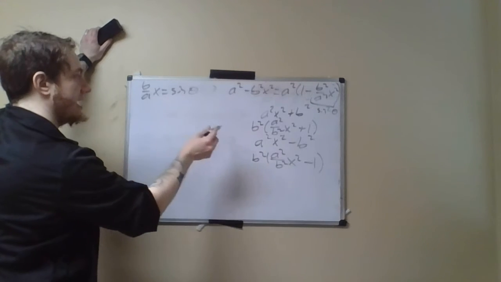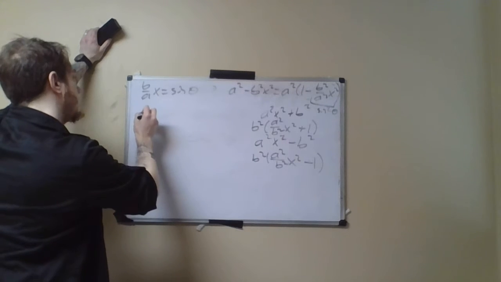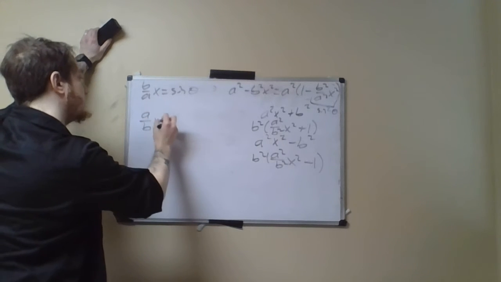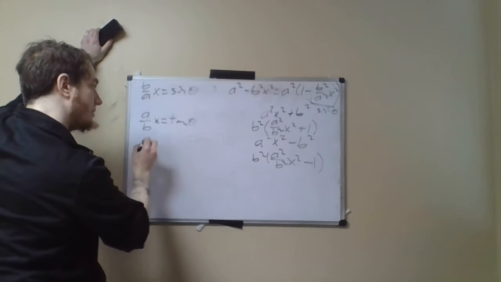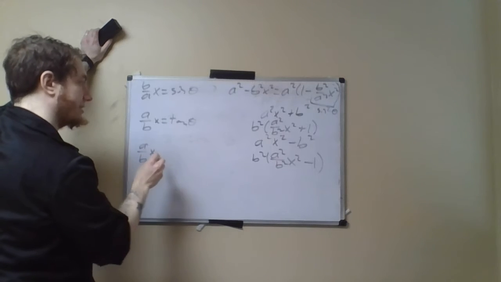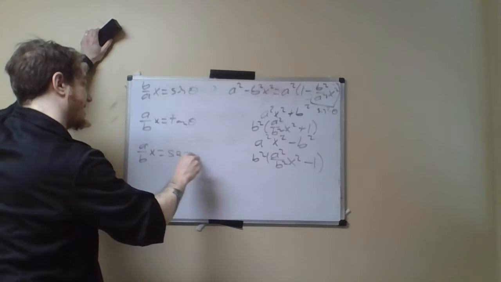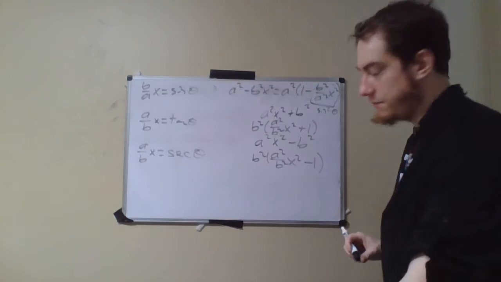In this second case, what we want to do is replace that with a tangent. So we would have a over b times x equals tangent theta. And in the third case, we want to replace a over b times x with secant theta.